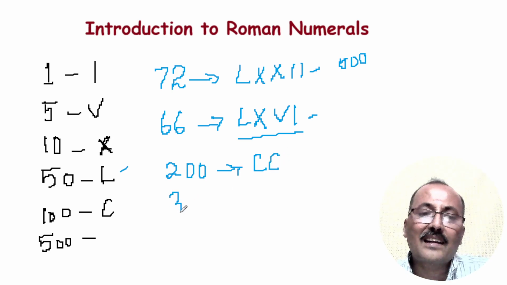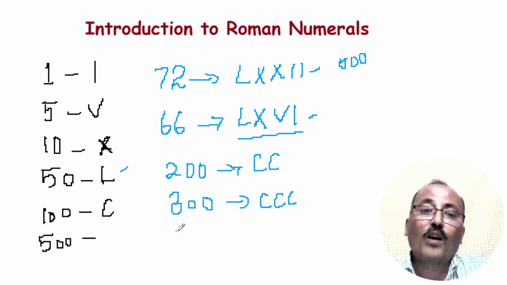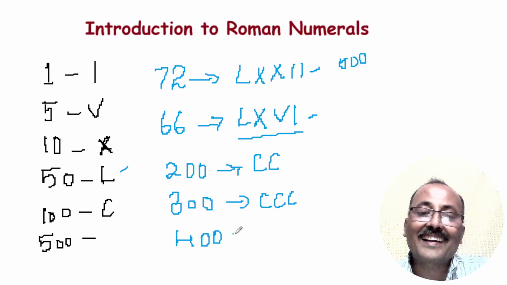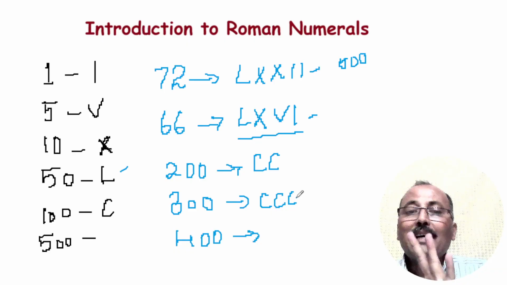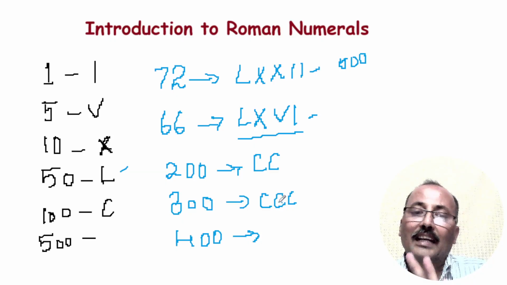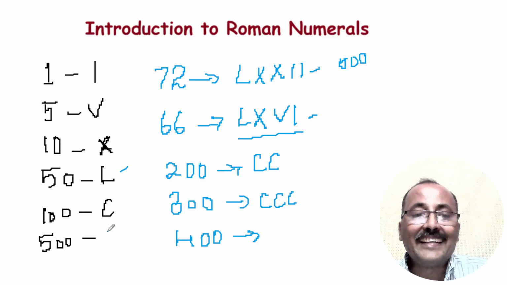Then for 300, C, C, C. But for 400, they cannot write C, C, C, C. They created a rule that you can use a number at most 3 times. That means they are not going to use this. So they created one more symbol, which is called D.